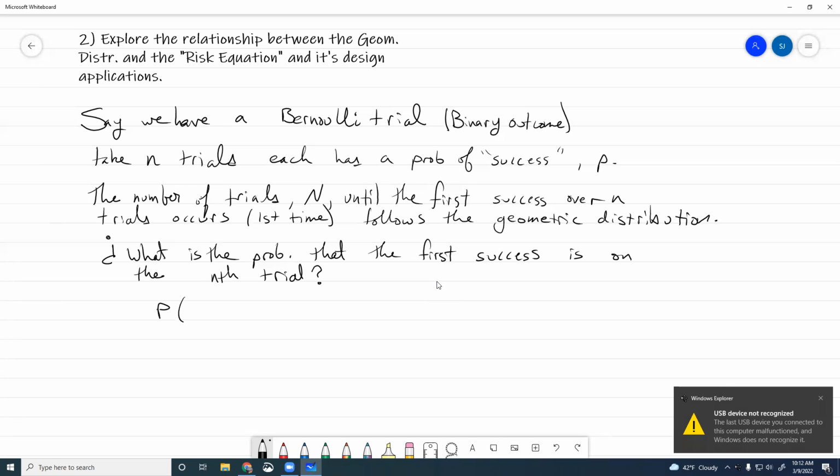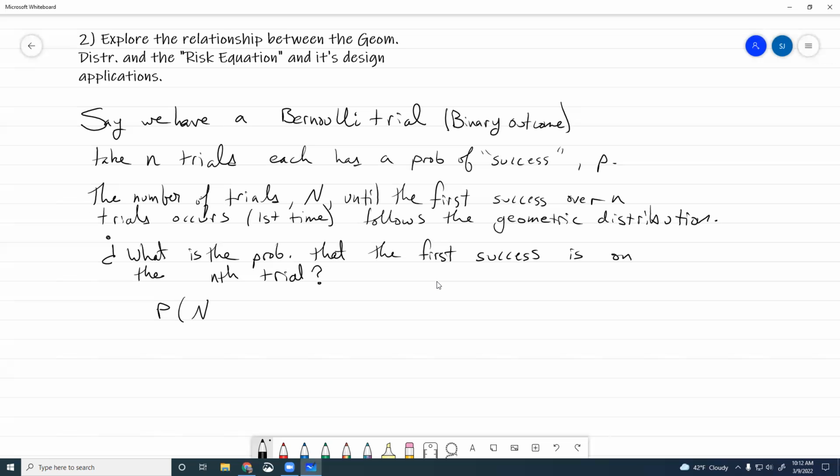And the way we would write this is the probability that our random variable n, this is when the first success occurs. So that's our random variable.